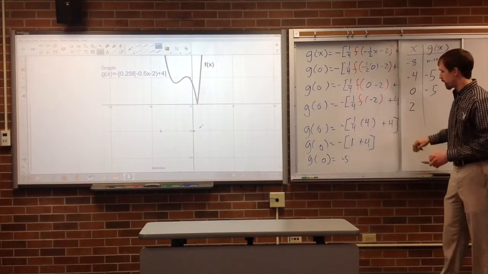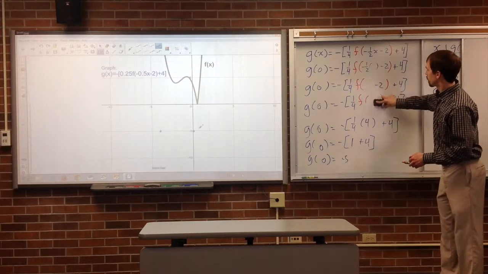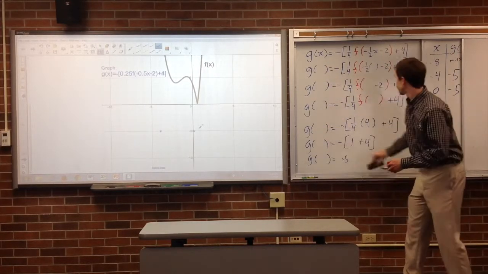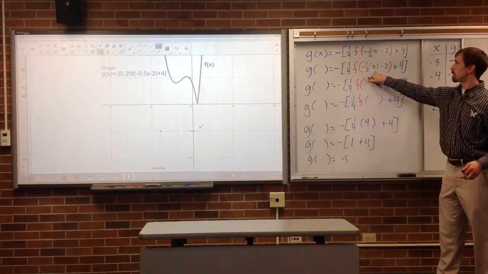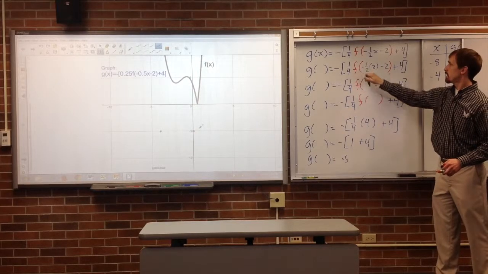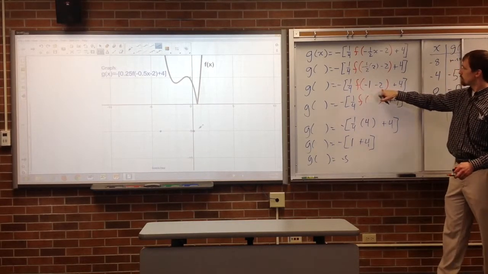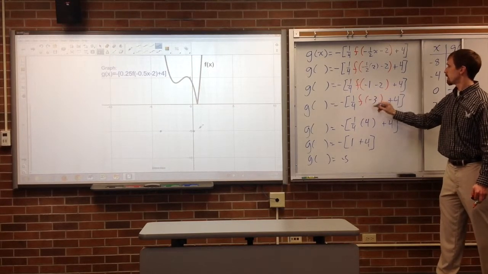We may or may not be able to come up with an output, but think about what's happening to the 2 when it goes into this function before you can evaluate. The first thing that happens is you get half of the 2. Then you change the sign, which is how we would get to -1. Once we're there, we reduce it by 2. So that'll take us down to -3.